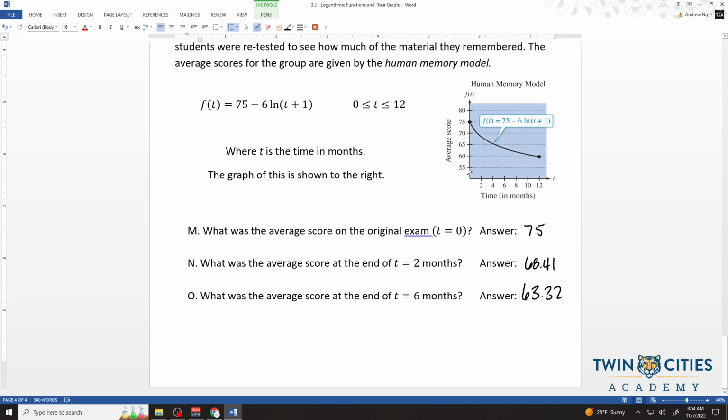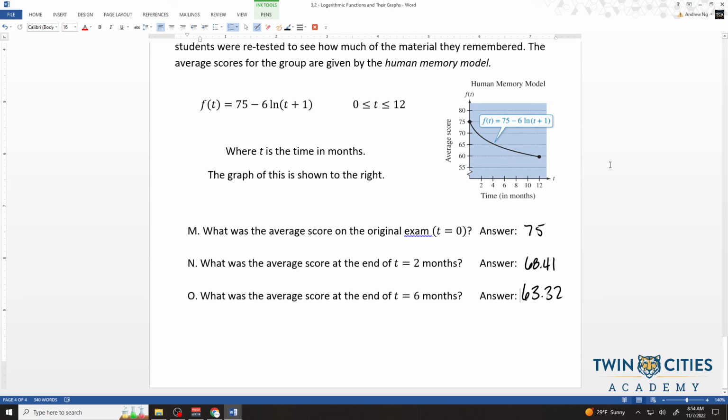We start out at 75 and we start going down following this curve here, which is a logarithmic function. Now, what I also notice is that it's a little bit steeper toward the first couple of months, and then not quite as much as we get further along. So I'm going to guess that this shows to 12 months, it's right around 60%.